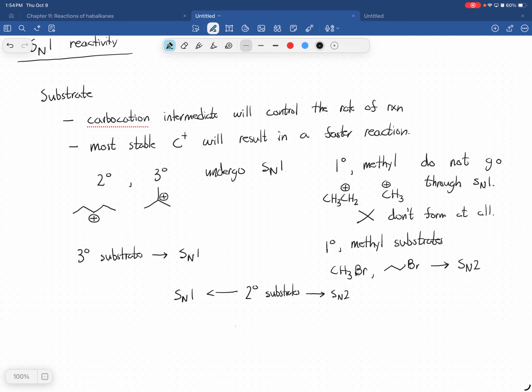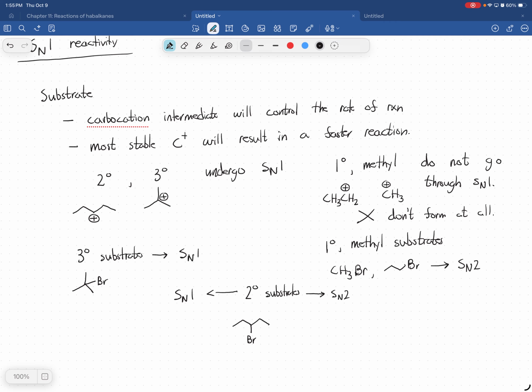So here, for example, this would be an example of a secondary substrate. But tertiary, they will undergo SN1. This one is a secondary one, either SN1 or SN2.